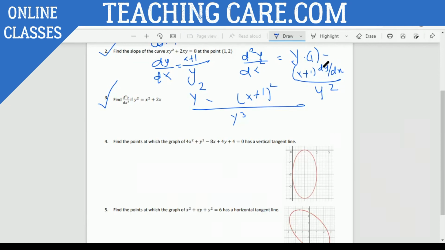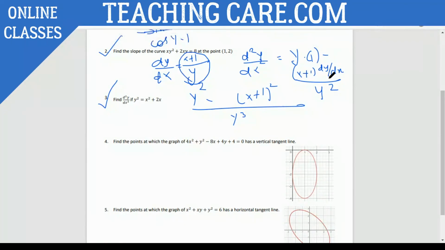Yeah. Now you need to substitute. You cannot keep this dy/dx here, so you have to replace it with x plus 1 over y, because I want the answer in terms of that.